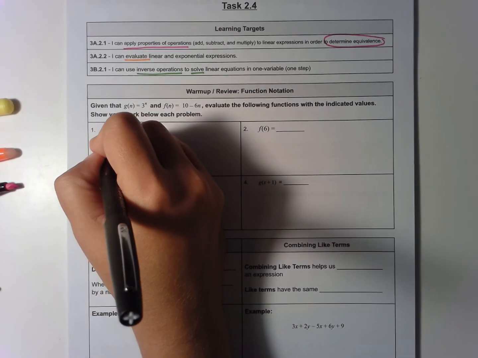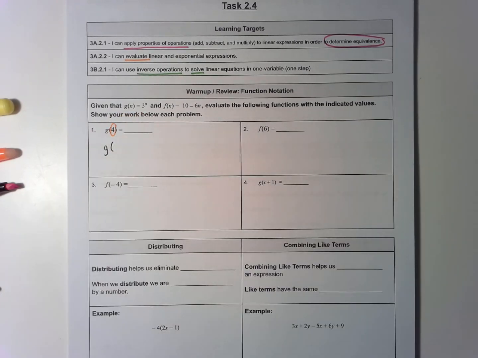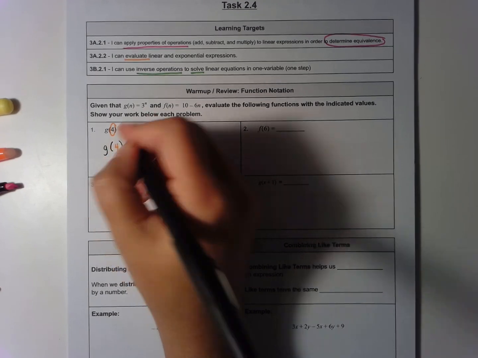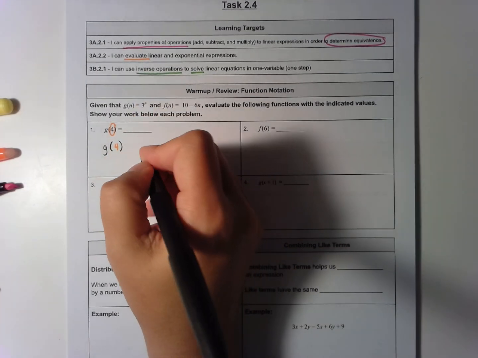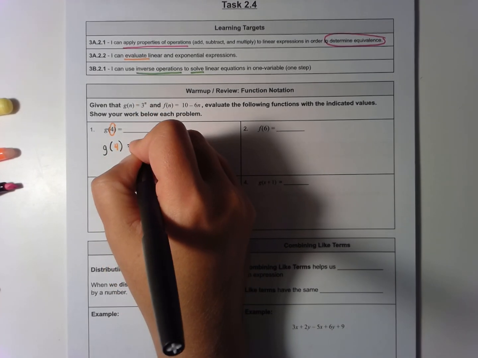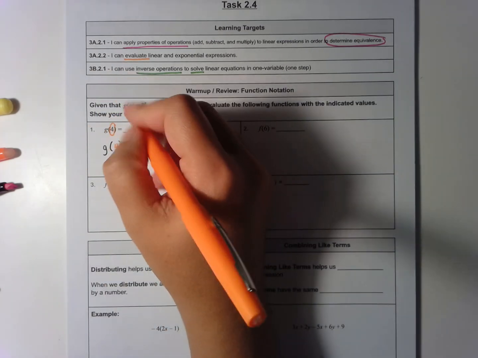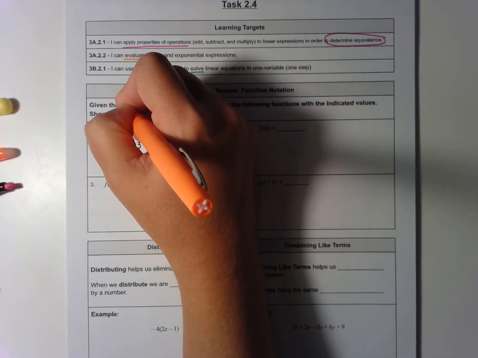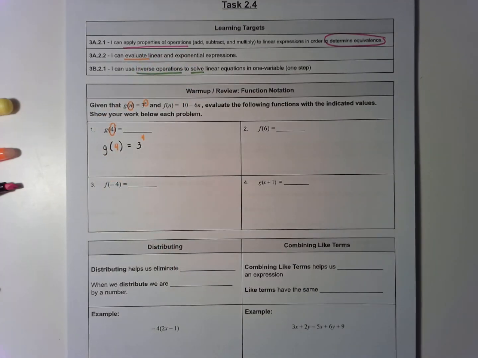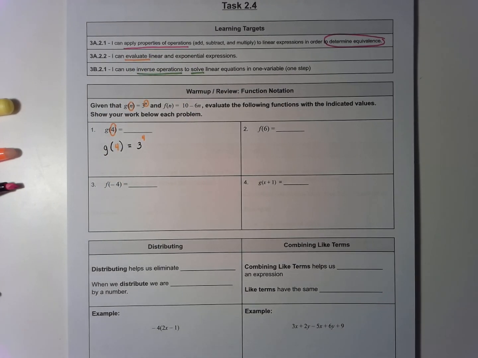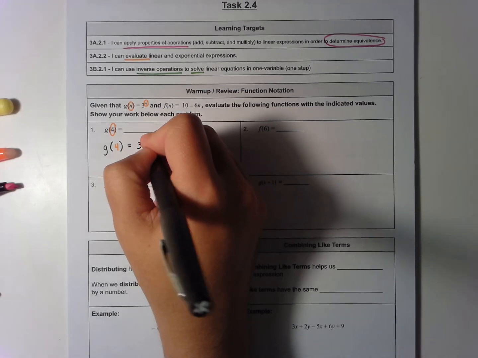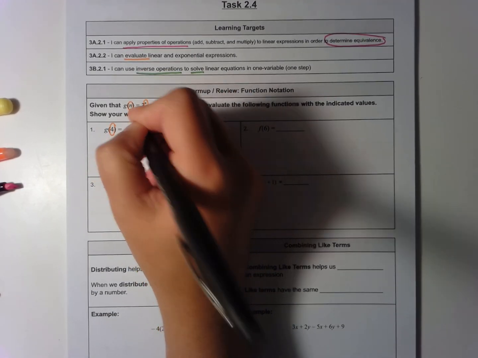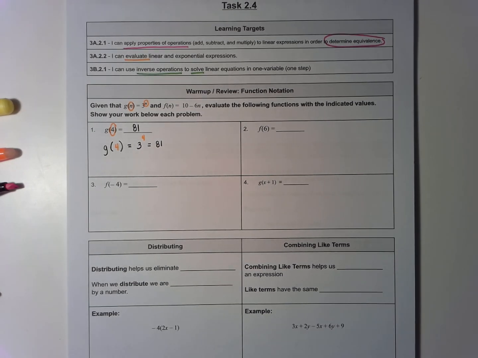So below here I would say g of 4 is equal to 3 to the 4th power. I'm plugging in the number 4 because there was an n in the equation. Now I'm going to use my calculator and just type that in, and 3 to the 4th power would be 81. So that would be my final answer.